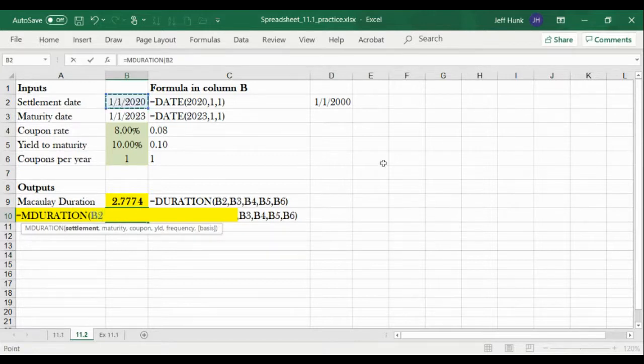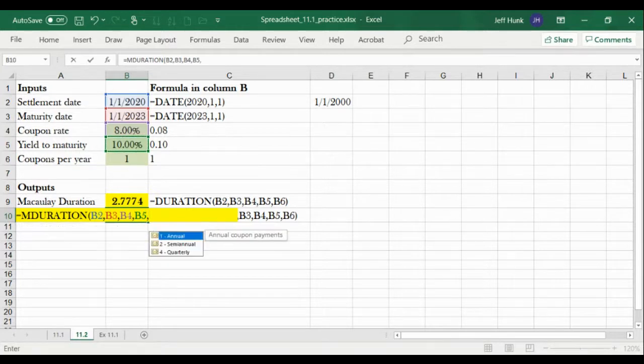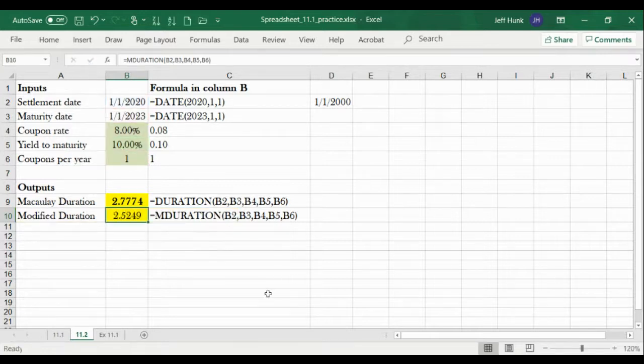Enter the settlement date, maturity, the coupon rate, and then the yield, and the frequency, just one. Hit enter. That gives modified duration.